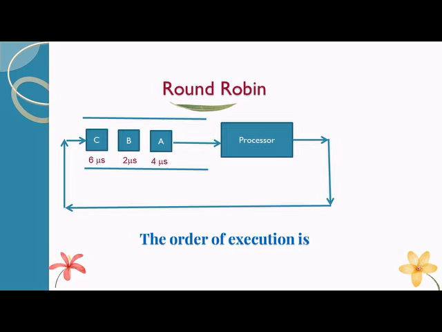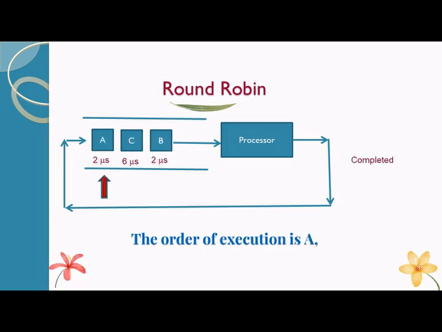Then again the next process will be chosen, and the next process, and it will be served in a round robin method. Initially A will get the processor time of only 2 microseconds, and it comes back to the queue. Then process B gets its turn of the processor.